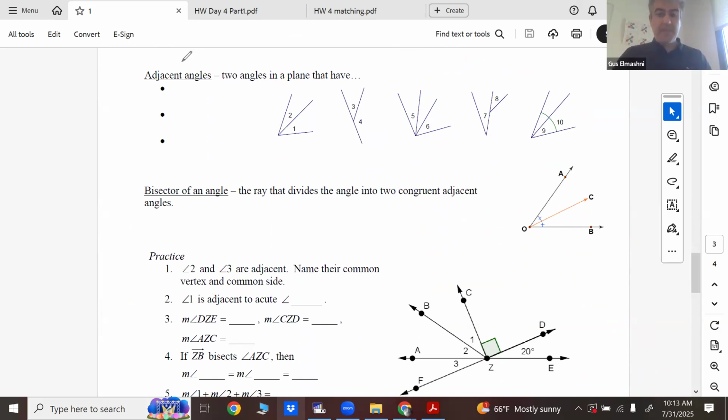Actually, yes, they have to have the same vertex. That share a side, or have a common side. Use proper grammar.